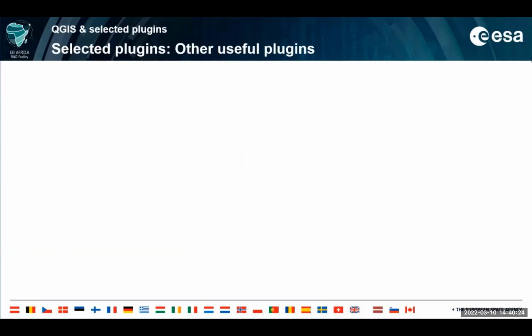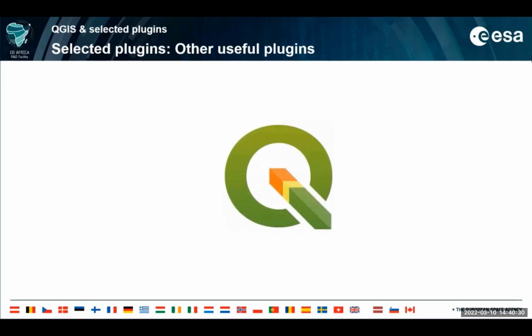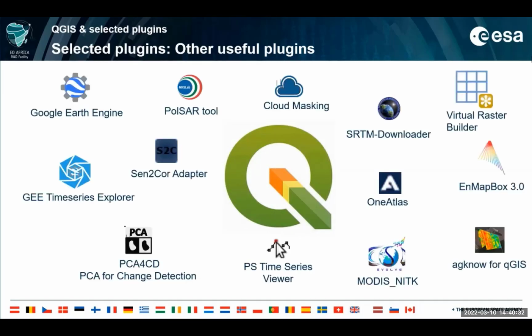In previous slides, only a few of the plugins available in QGIS were described, but there are plenty of other tools which facilitate working with satellite-based imagery. Here you can find again a selection of them. Among many others, you can find, for example, Google Earth Engine plugin, Google Earth Engine Time Series Explorer, Sen2Cor adapter for atmospheric correction, or Pulsar tool.